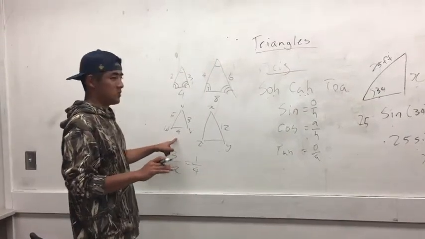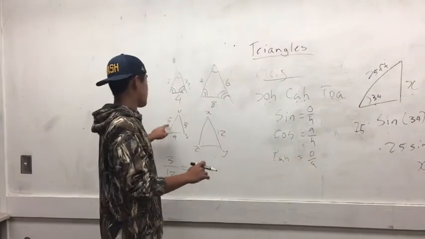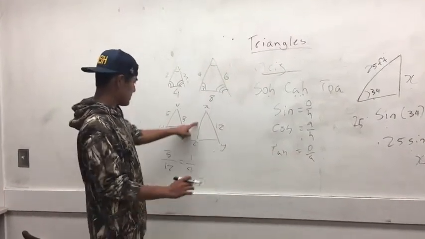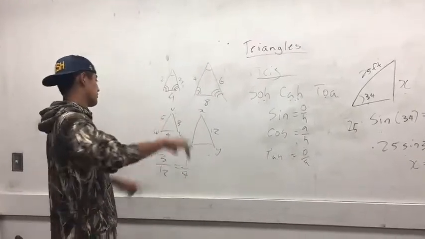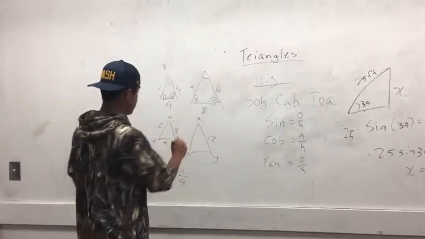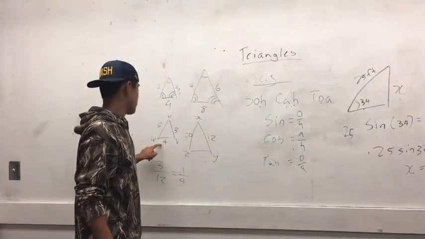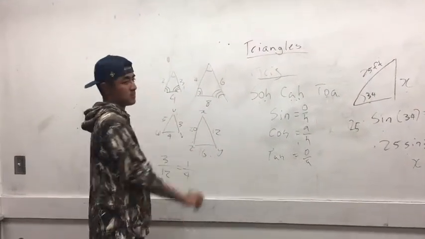Now all you have to do is divide 4 by 1 over 4 and 5 by 1 over 4 to find this side. If you plug 5 divided by 1 over 4 in a calculator, this will give you 20. And if you plug 4 divided by 1 over 4 in a calculator, this will give you 16. So that is how you find similar triangles.